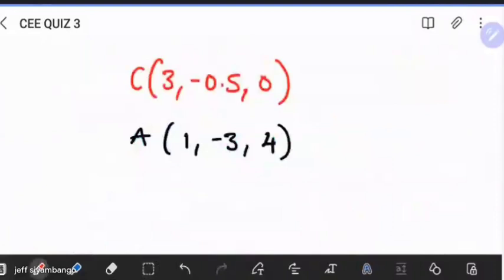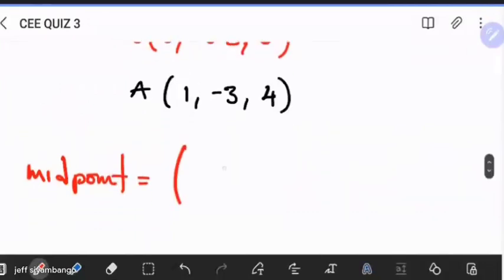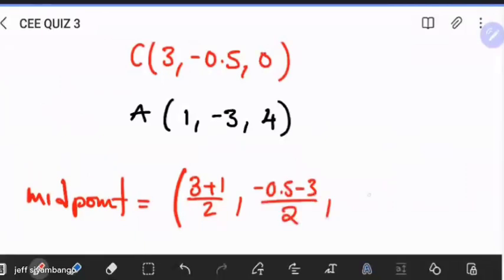Now, how do you get the midpoint between 2 points? Add the coordinates and then halve them. So we have (3 plus 1) over 2, comma, (-0.5 minus 3) over 2, comma, (0 plus 4) over 2.